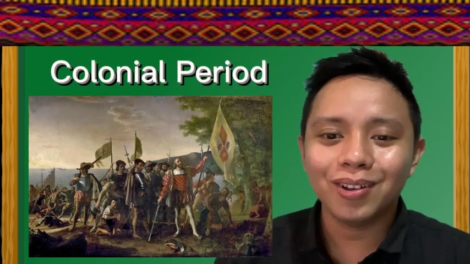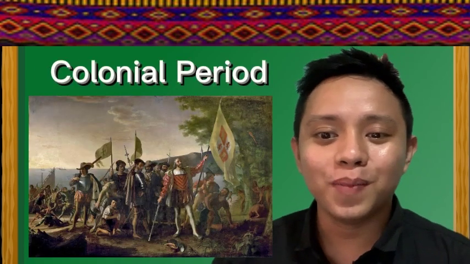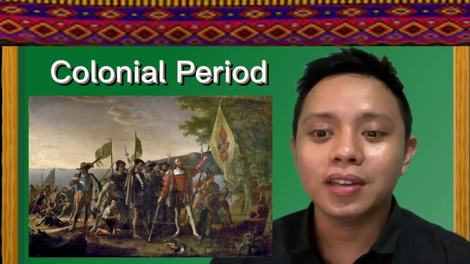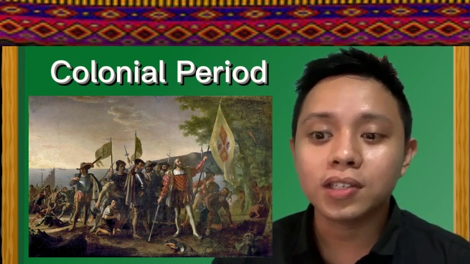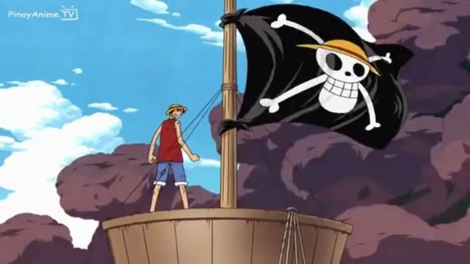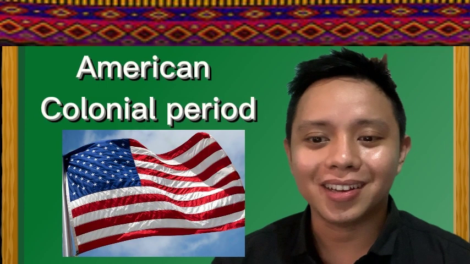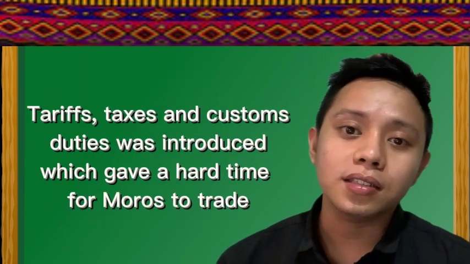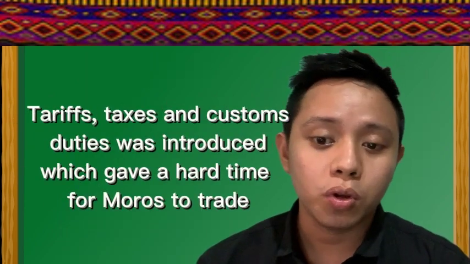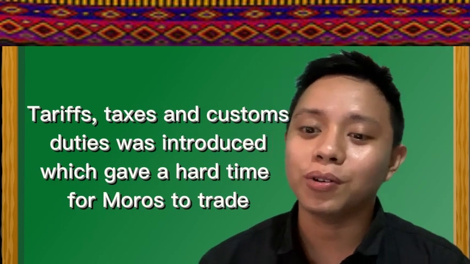Now, during the colonial period, when the Spanish colonists arrived, the trading in Sulu was considered piracy and a threat. During the American colonial period, tariffs, taxes and customs duties were introduced, which gave the Moro a hard time to trade.